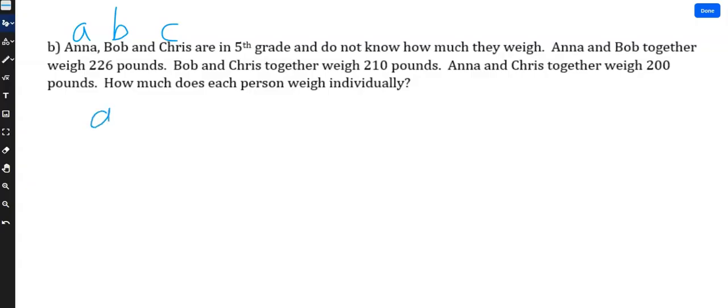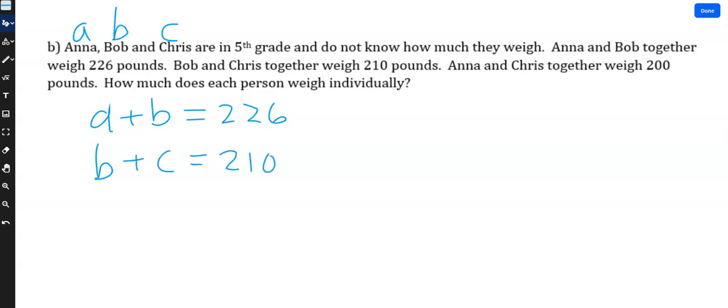Anna and Bob together, Anna plus Bob, weigh 226 pounds. Bob plus Chris weigh 210 pounds. Anna plus Chris weigh 200 pounds. How much does each person weigh individually?